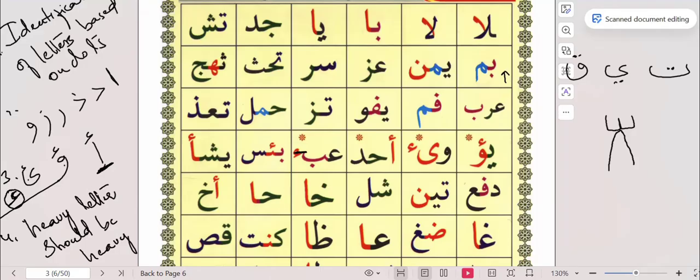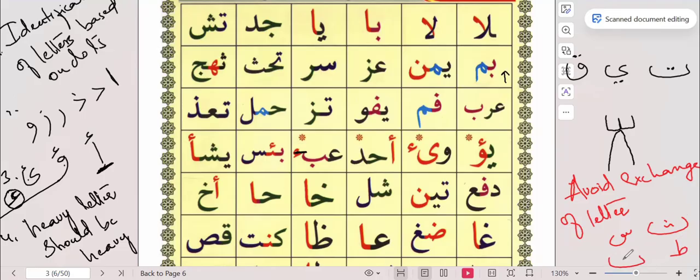The most important thing that you have to remember with respect to this chapter is to avoid exchange of letters. Like never pronounce fa like sheen and ta like ta. These are the basic things that a student should avoid.